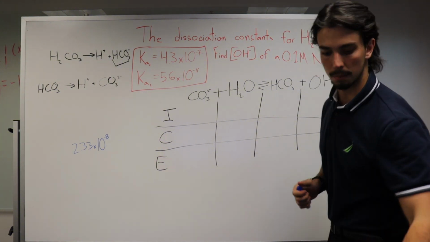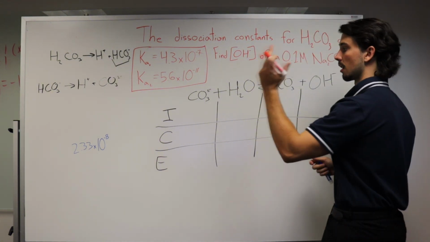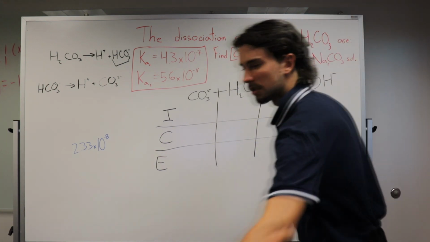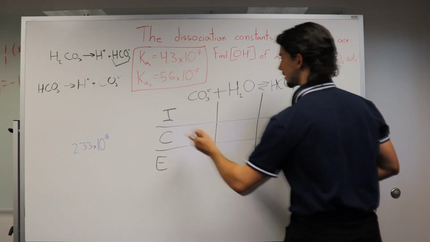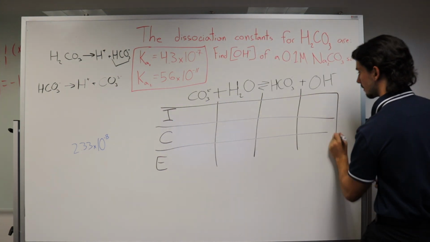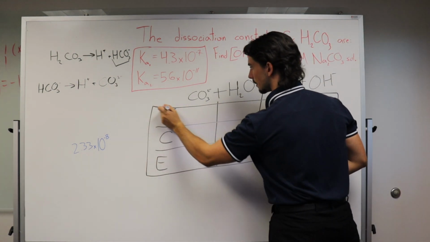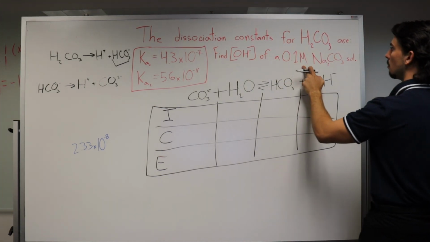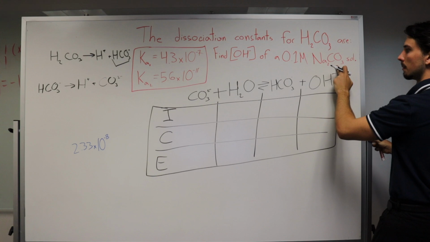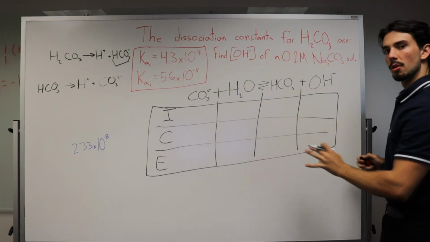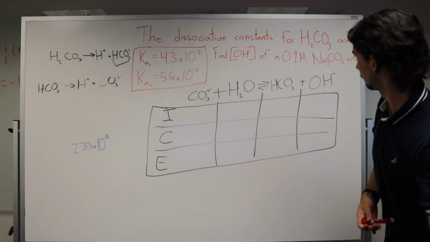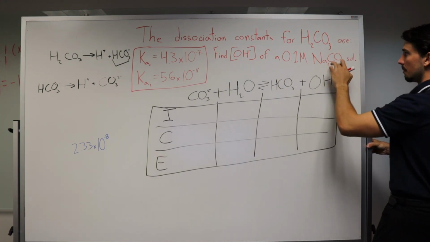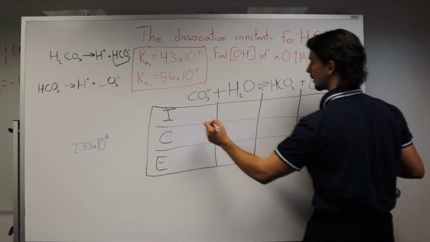So now that we know our Kb, we have our ice chart set up, we're going to write out that Kb formula, which was the concentration at equilibrium of our products over the reactants. Let's clean this up. Here. Alright, so if we're told that it's a 0.1 molar sodium carbonate solution, and we know that the sodium goes away and it doesn't affect our pH, we know that that 0.1 is also going to be the concentration for CO3.